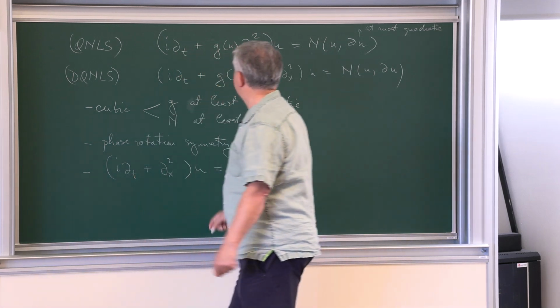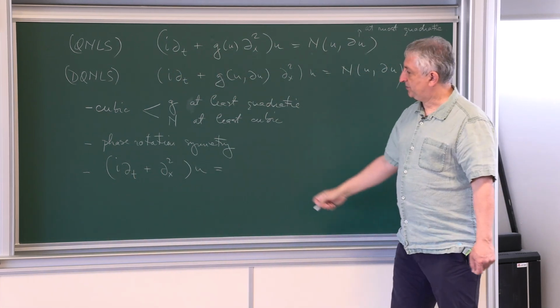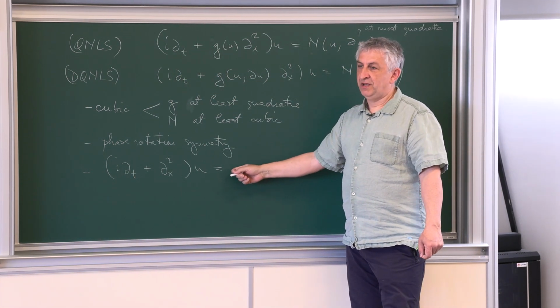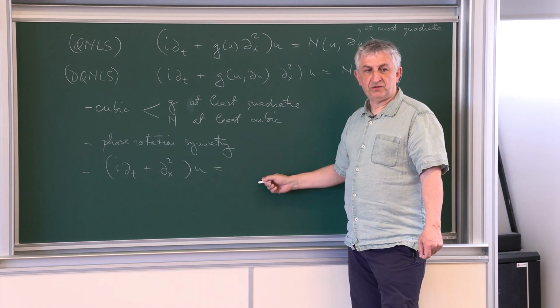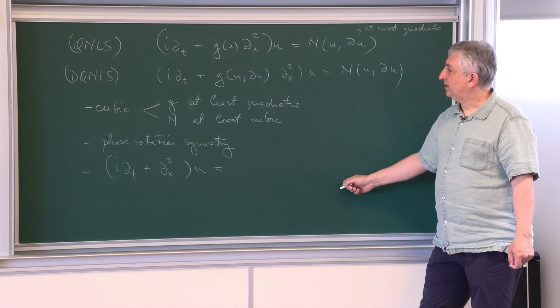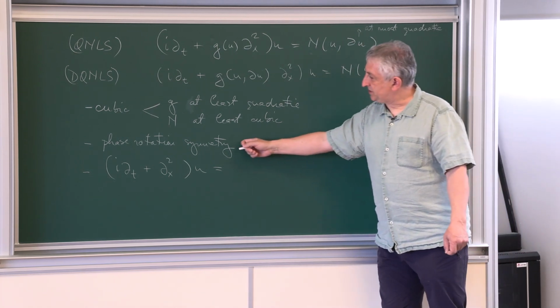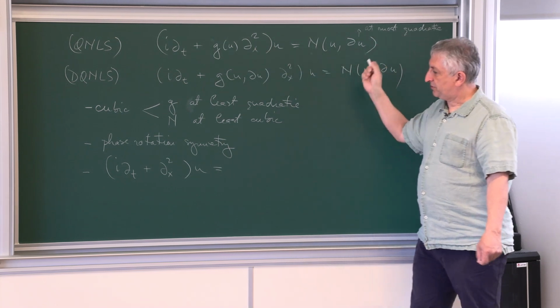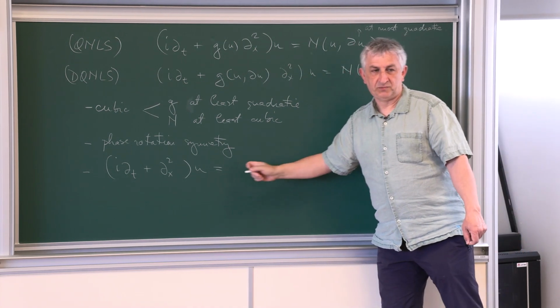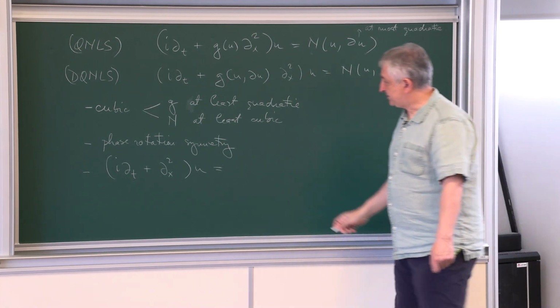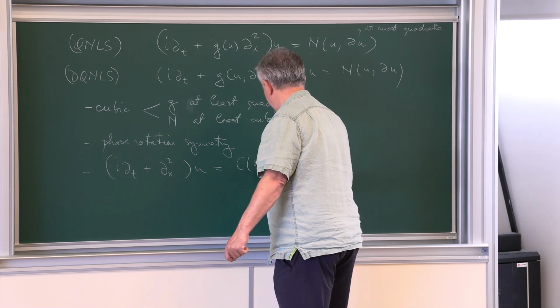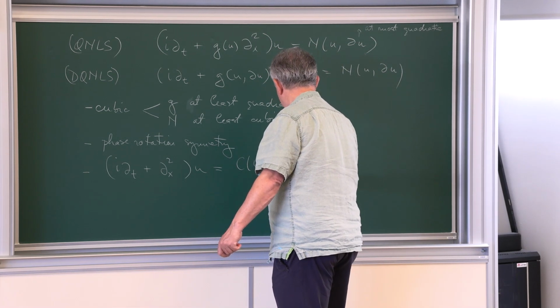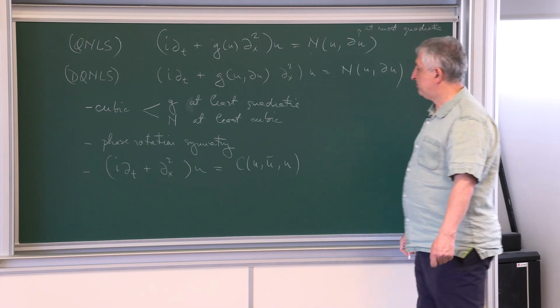This would be the linear part. And on the right, I put everything that's nonlinear, and I'll have terms of order 3, terms of order 5, and so on and so forth. Because of the phase rotation symmetry, all the terms that I put on the right will have odd order. All right? And so the first term in here would be u bar, and u.